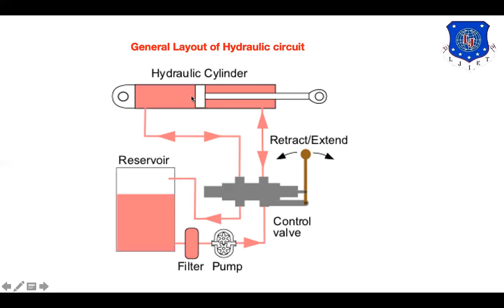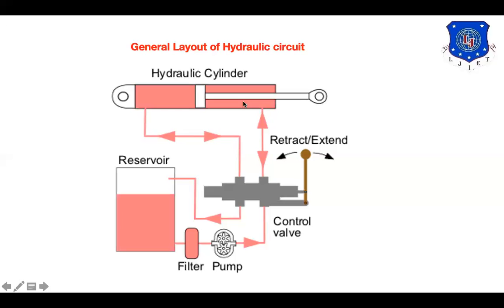Now, how do we direct that working fluid? In order to direct it, we are using this 4x2 direction control valve. If you observe the figure carefully, in this particular application we are guiding the working fluid from the positive displacement pump towards the rod end of the cylinder.